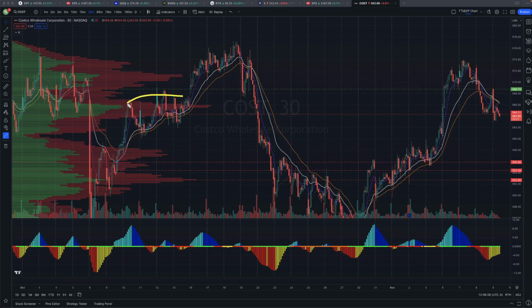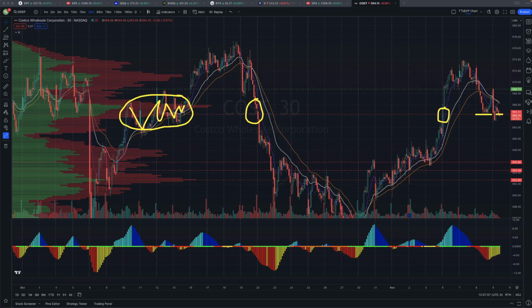That level was created by these people right here. Do you think it was created by these people right here? Or these people right here? No. It was all this trading that happened right here that created the support level that we bounced off of yesterday. And it's continuing to hold today, right?